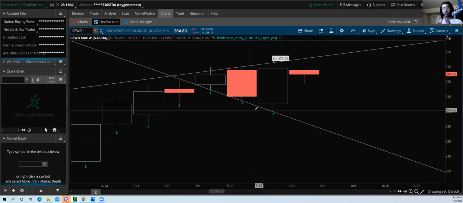It creates basically a greater than sign. If your broadening formation is going in the up direction like this, it's not a broadening formation. It has to look like a greater than sign. That's the essence of a broadening formation.